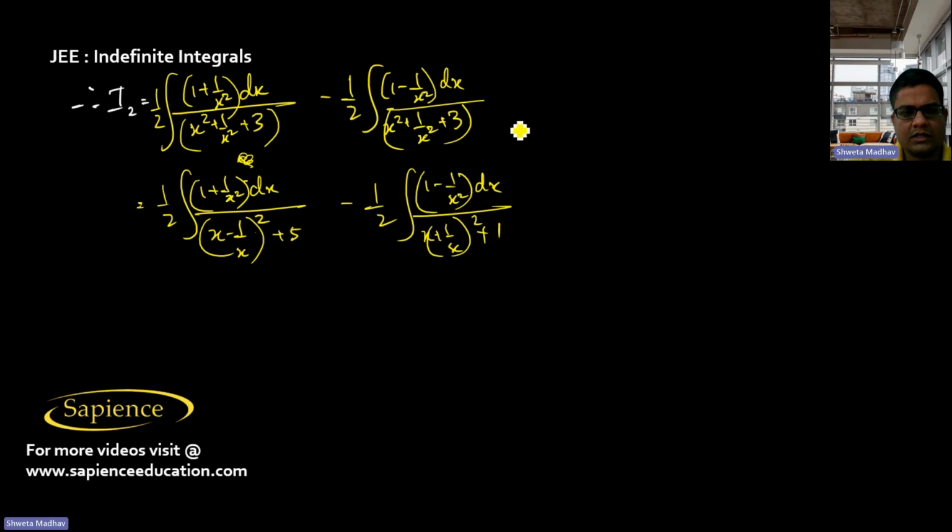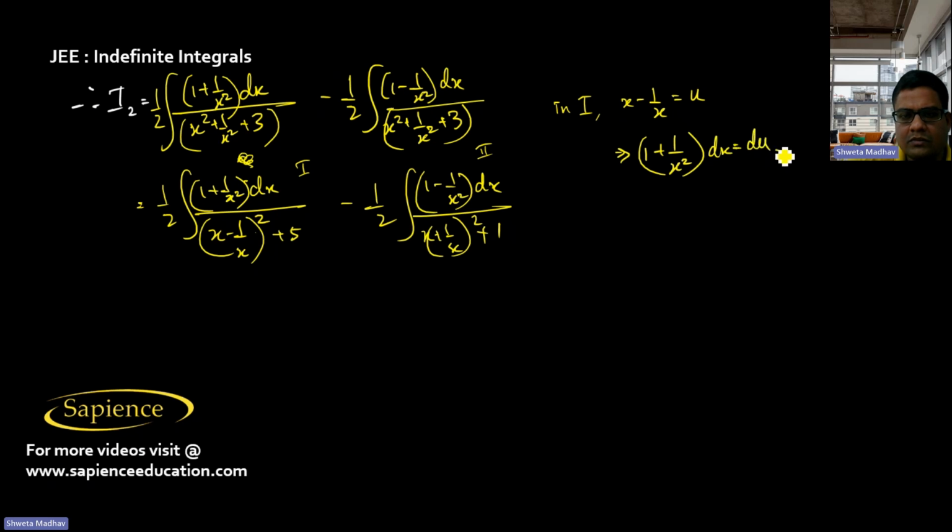Now in the first integral, if we put x minus 1 by x as u, then 1 plus 1 by x square dx will be equal to du.